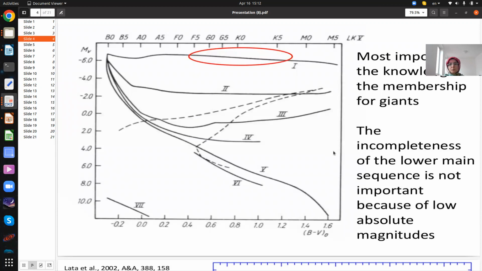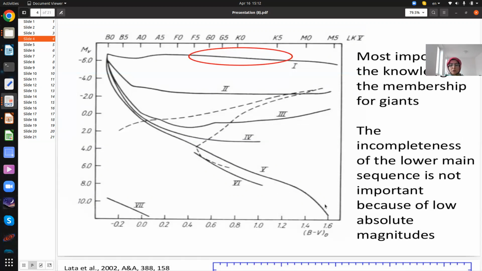And most important here is the knowledge of the membership of giants. Here we have a color magnitude diagram. Here are giants, and these are important for us, not the main sequence, for flux. The incompleteness of the lower main sequence is not important because of the low absolute magnitude that we have here.